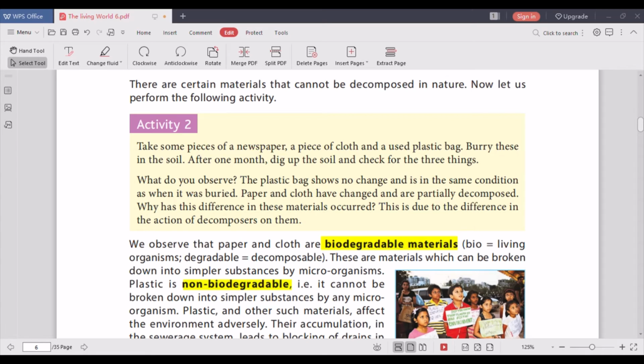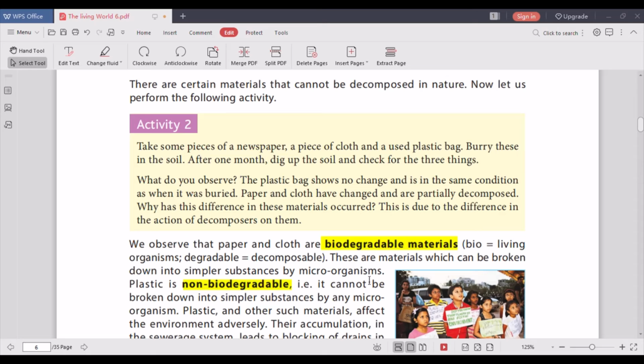These are materials which can be broken down into simple substances by microorganisms. Plastic is non-biodegradable, that is, it cannot be broken down into simple substances by any microorganism.